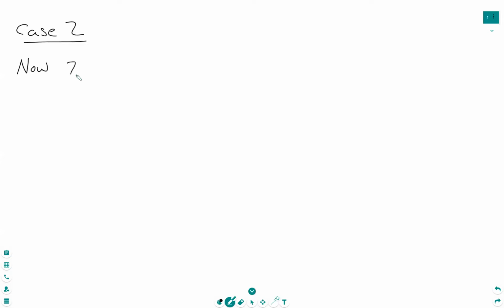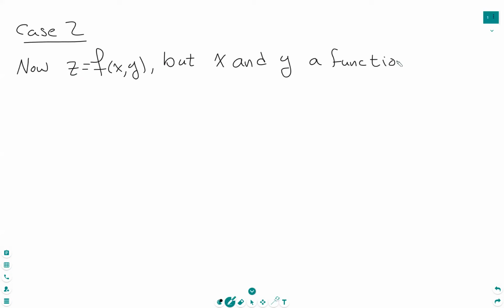So now maybe we have some z that's equal to a function of x and y. But x and y are functions of two variables.